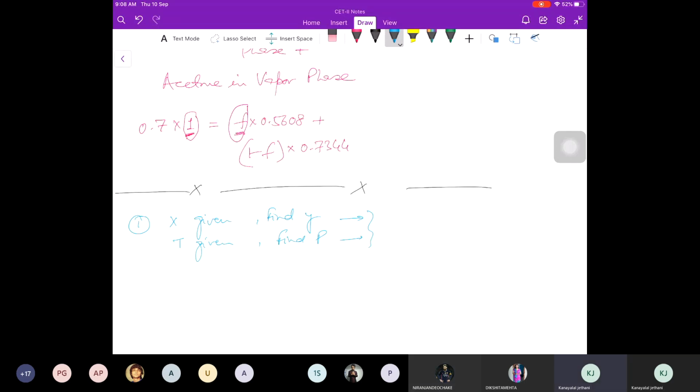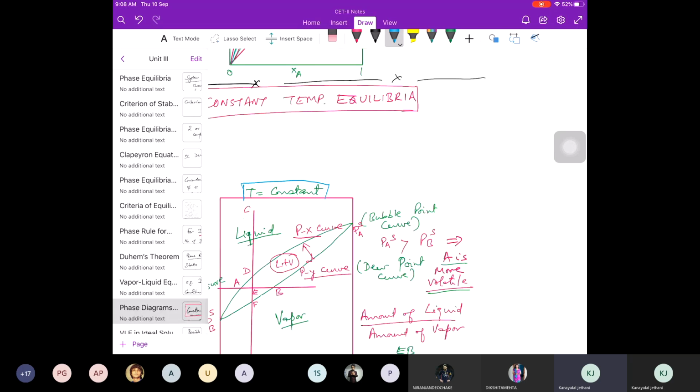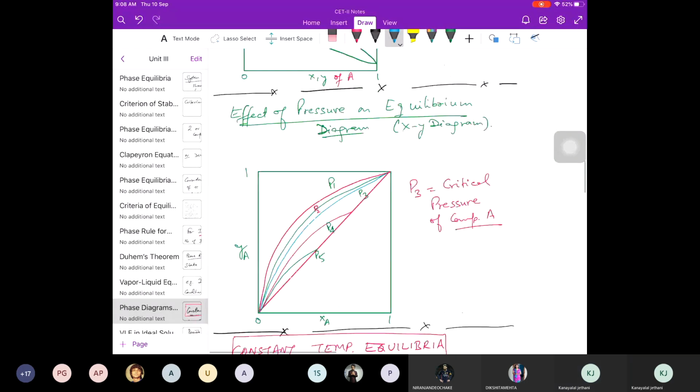See, what we do is when we look at XY diagram, or rather PXY and TXY diagram, याद है आप लोगों को? Does anybody remember phase diagrams? You remember this?